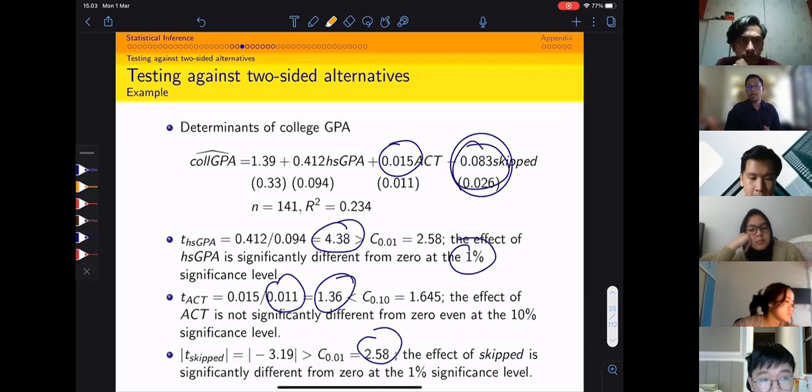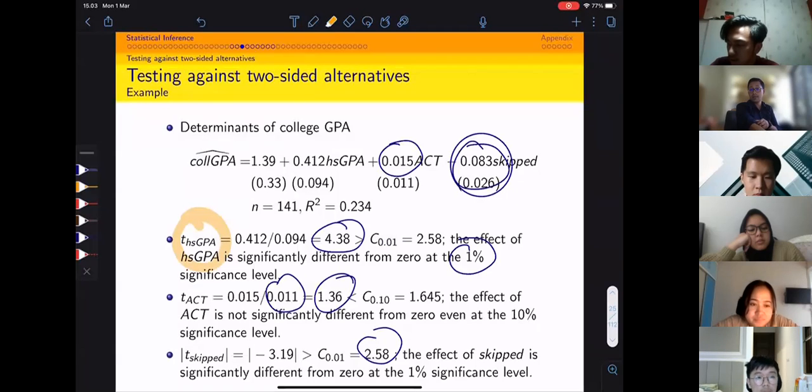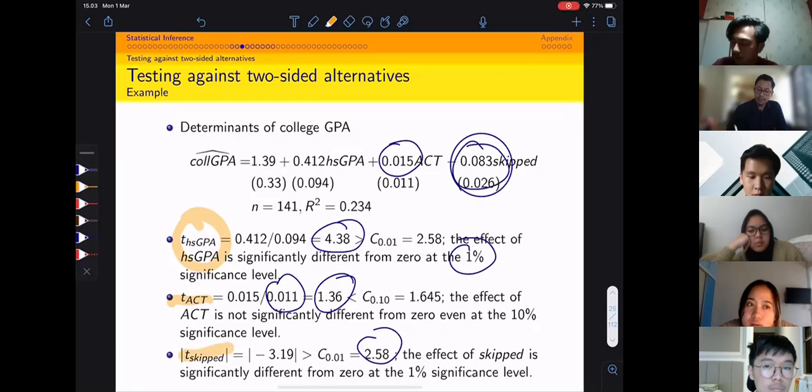Now, the idea is that if a particular variable is already significant at the 1% level, as in the case of high school GPA, then it is automatically significant at the 5% level as well as the 10% level. However, for ACT, it's not significant at the 10% level, so it wouldn't be significant at the 5% and 1% levels. And the case of skip will be similar to the case of high school GPA.